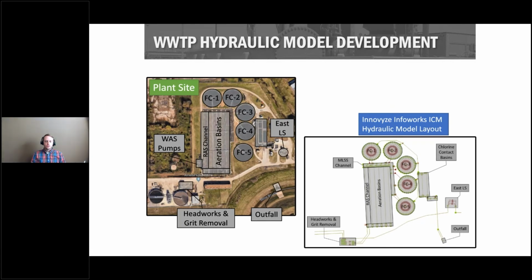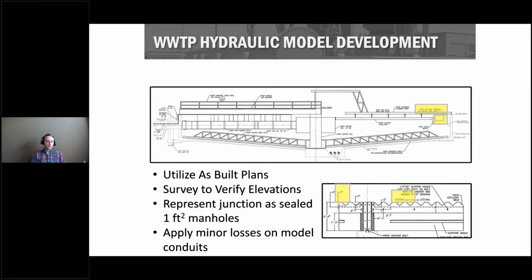So we'll just jump into model development. This shows a plant and the various treatment components outlined in gray. On the right, we have what that looks like in the hydraulic model within the ICM software package. Basically, you've got to go through a process of either pulling as-built plans or doing survey on all the critical vertical elevations to help fill out that model, defining the channel widths and depths.